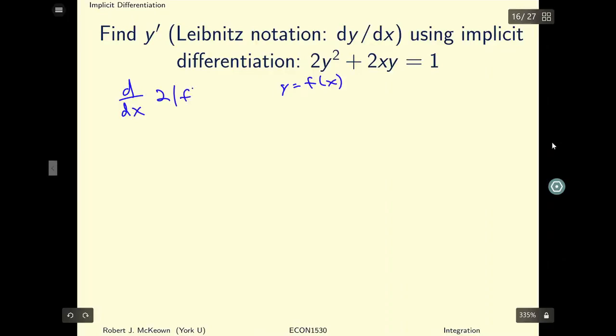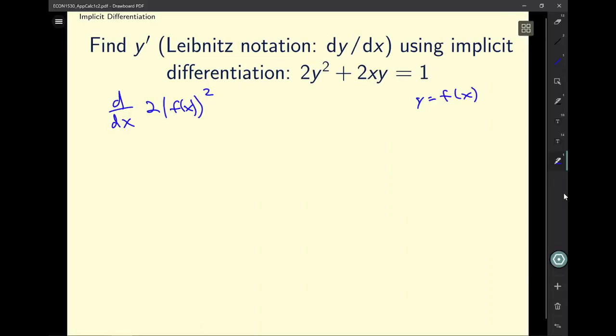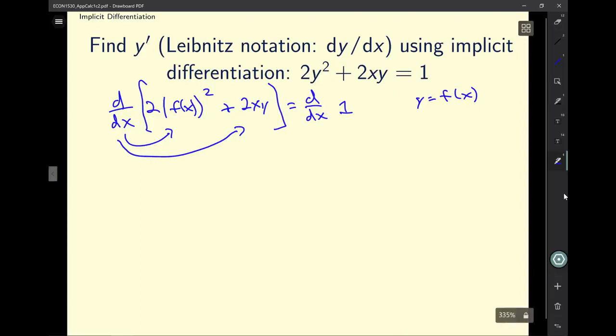So if I did it that way, I would replace the y, and carrying on, we take the derivative of both terms.